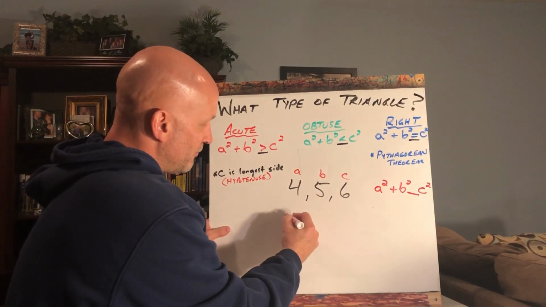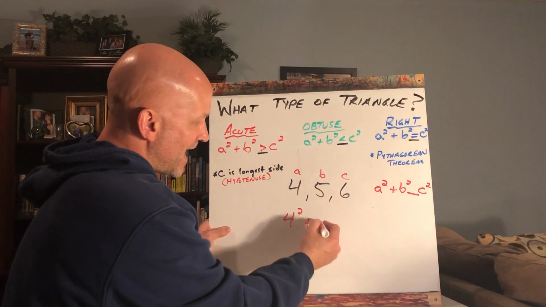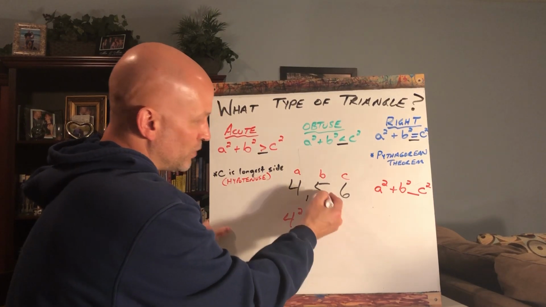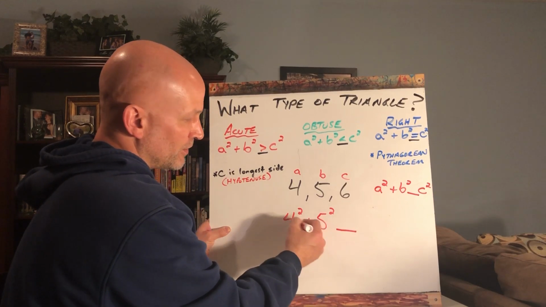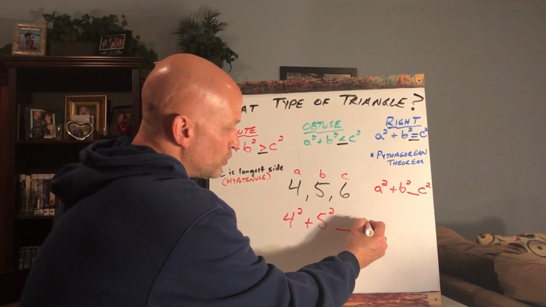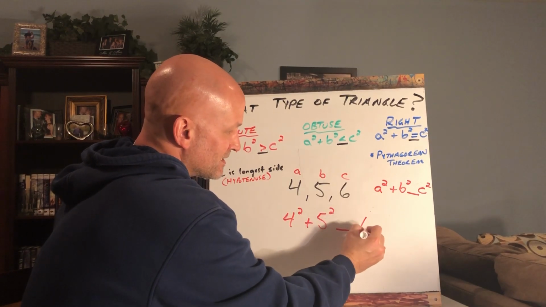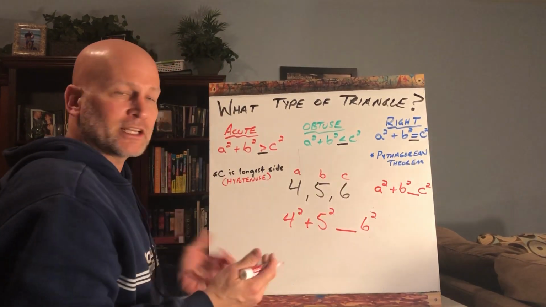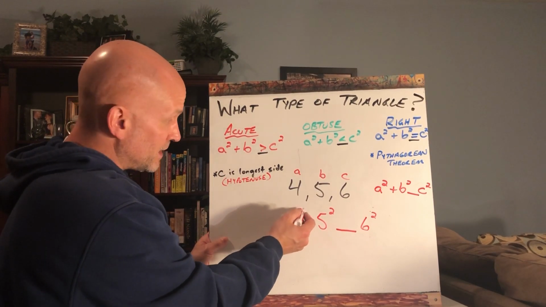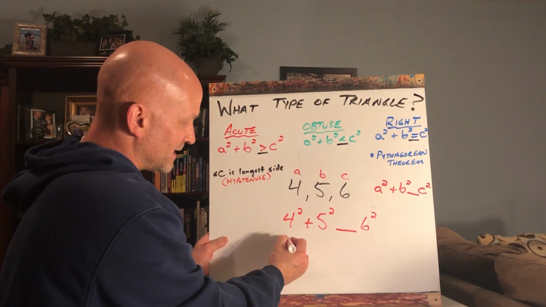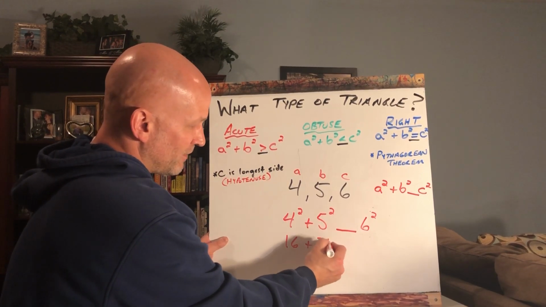If I take 4 squared, which is my A, and I add it to 5 squared, which is my B, and I figure out the relationship of the sum of those compared to my C squared, which is 6 squared, I can determine what kind of triangle it is. Well, remember, it's not 4 times 2, but 4 times 4, so I get 16 plus 5 times 5 is 25.